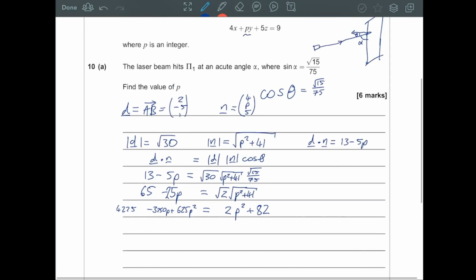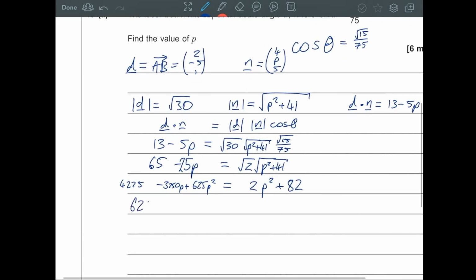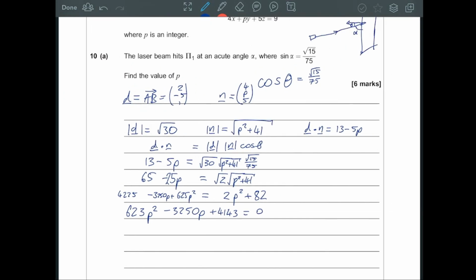It does appear that p itself should be an integer and should be quite nice, which from what we have here doesn't seem plausible right now. These are giving some very unpleasant looking numbers. And if this factorizes nicely, I'll be very surprised, which does mean that I'm going to think a little bit more carefully about some of the other work I've done.